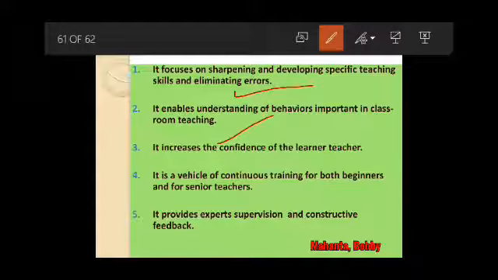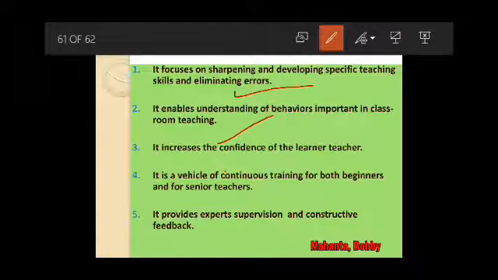In this way, the trainee will understand that if the trainee adopts this particular technique, the student will be able to understand, or a rapport can be built up with the students.